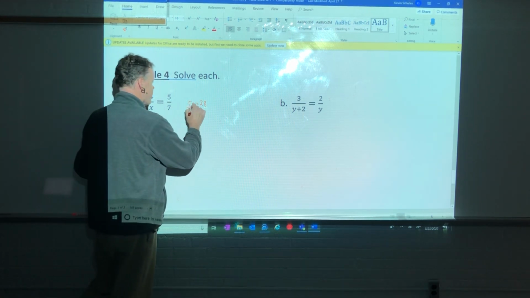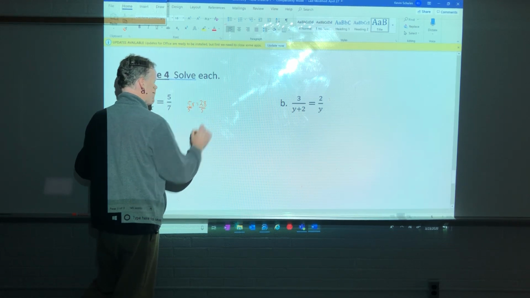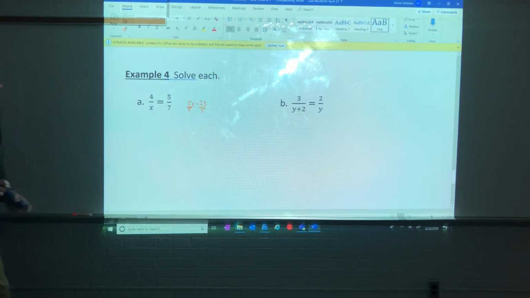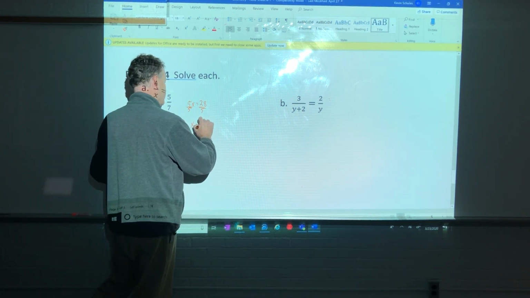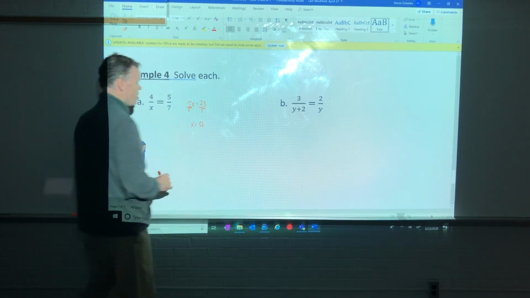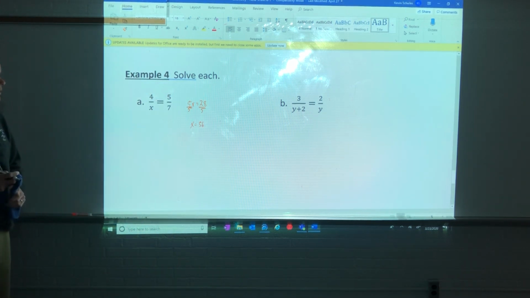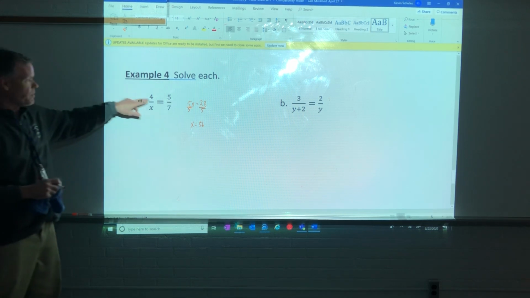So we're going to divide through by 5, divide through by 5, and we're going to end up getting roughly 5 and some change. I'm going to estimate, say, 5.6 roughly there, or thereabouts. And that's going to be the answer. Okay, we get this by cross multiplying.